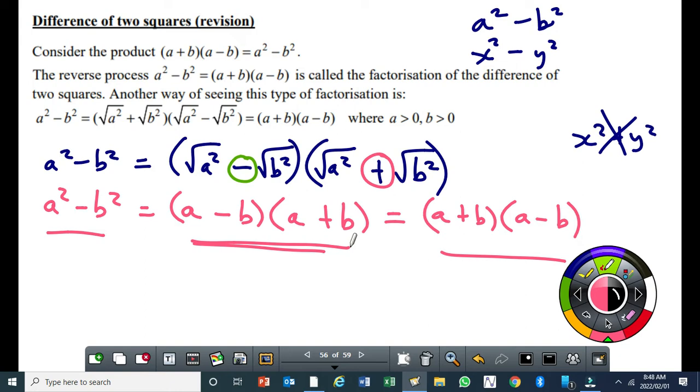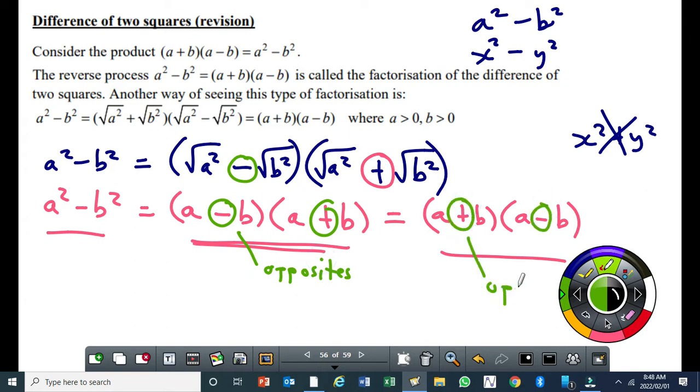As long as the second binomial is going to have a minus right here. You can't put a plus here and a plus there, and you can't put a minus here and a minus there. No. The signs must be opposite. I'm going to emphasize that these signs have to be opposite. This and that, they have to be opposite.